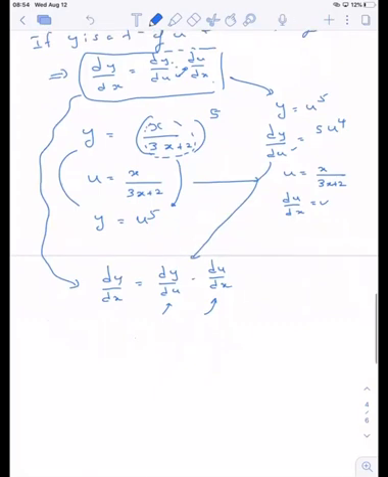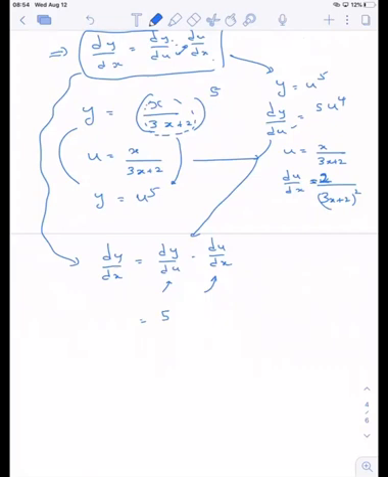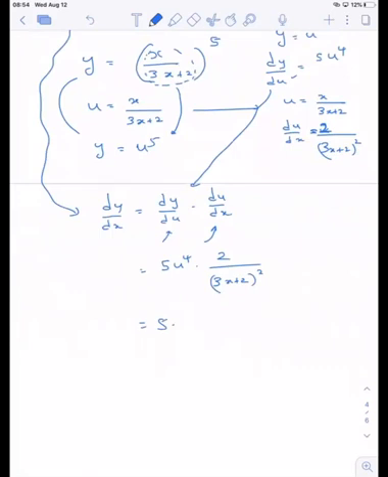If you find the answer for du over dx, what you will get is 2 over 3x plus 2 squared. So check this answer. Now dy over du is 5u to the power 4, times du over dx, which is 2 over 3x plus 2 squared. Now you can plug in the value of u here. u is x over 3x plus 2, to the fourth power of this whole thing, and then 2 over 3x plus 2 squared.